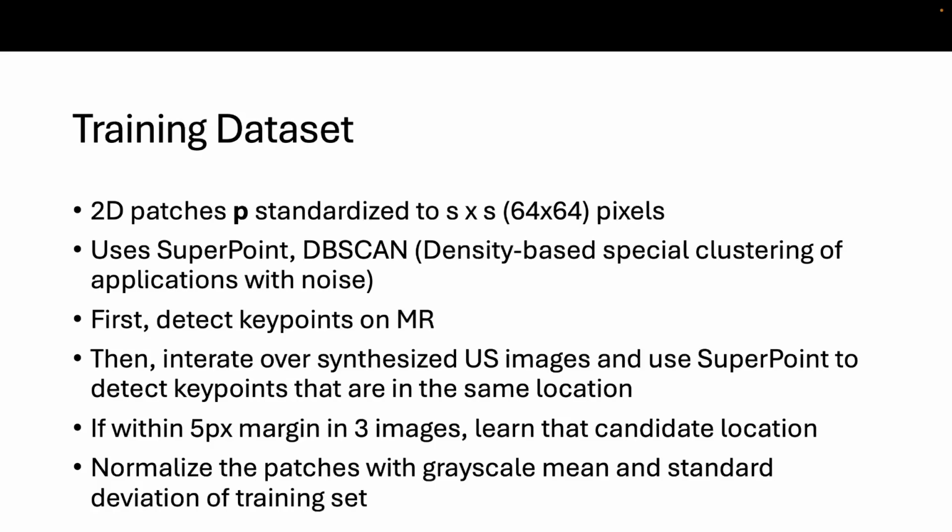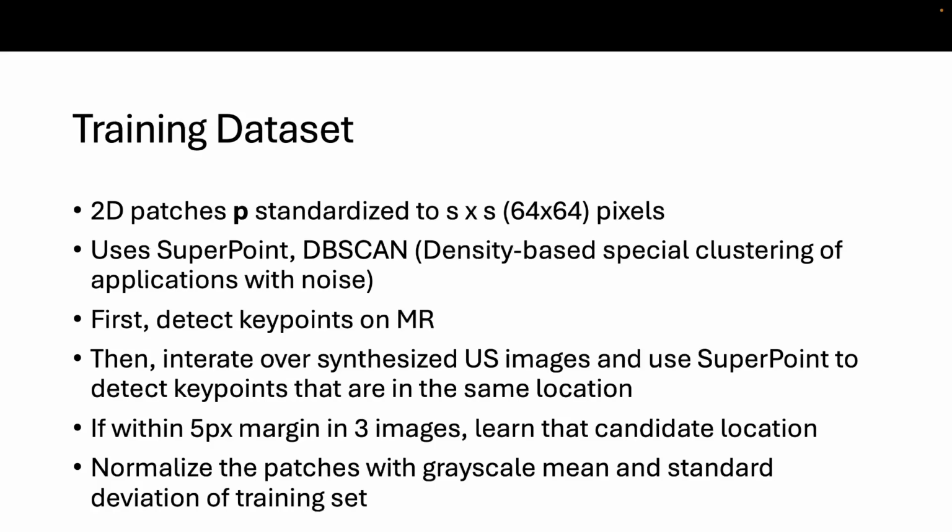So they use SuperPoint and DBSCAN for training. That's density-based spatial clustering of applications with noise. So they really wanted to prevent noise affecting the samples. Basically, you detect key points on the MRI sample, and then you iterate over the synthesized ultrasound images and use SuperPoint to detect key points that are within a 5-pixel margin.